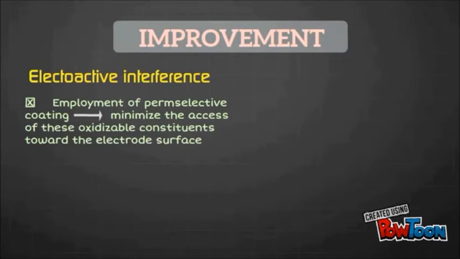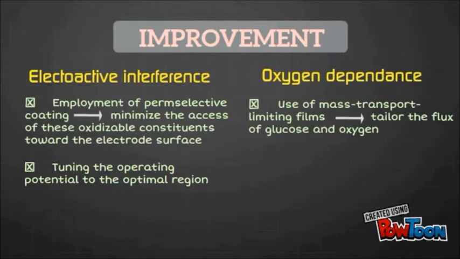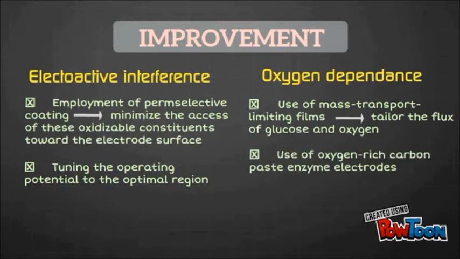The performance of the glucose biosensor also could be improved by tuning the operating potential to the optimal region. To solve the problem of oxygen dependence, mass transport limiting films are used to tailor the flux of glucose and oxygen by increasing the oxygen to glucose permeability ratio. Apart from that, oxygen-rich carbon-based enzyme electrodes are also employed to increase oxygen solubility.